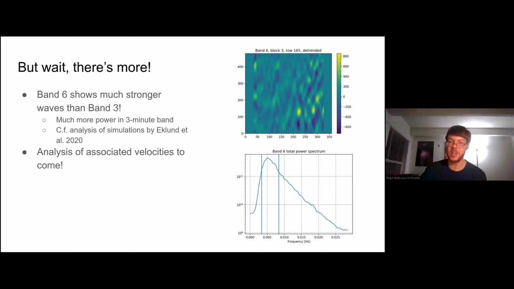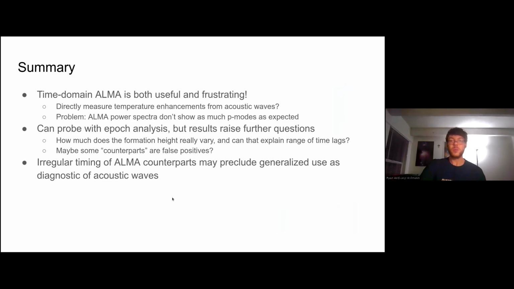So it'll be interesting in coming days to see what happens when we do this same sort of epoch analysis, but with the calcium line velocities simultaneous with the band 6 data. So we'll see what happens.